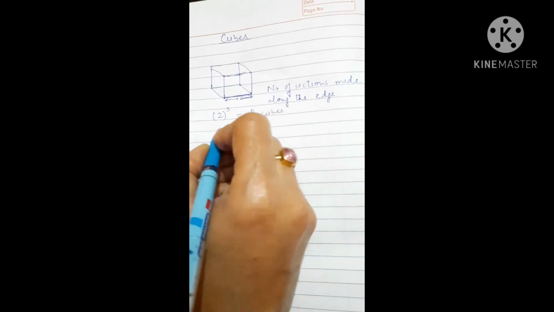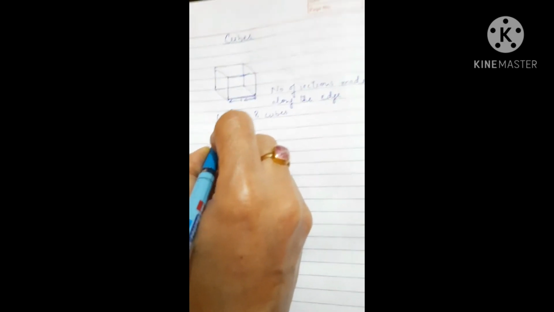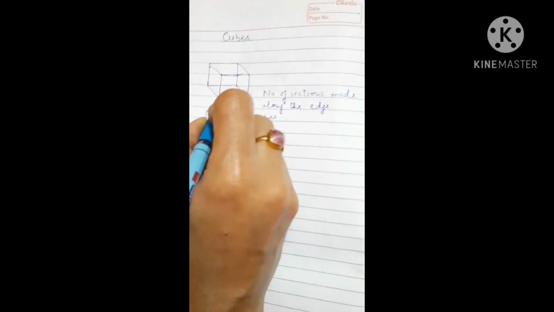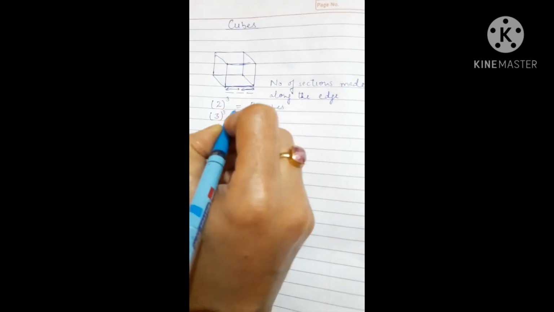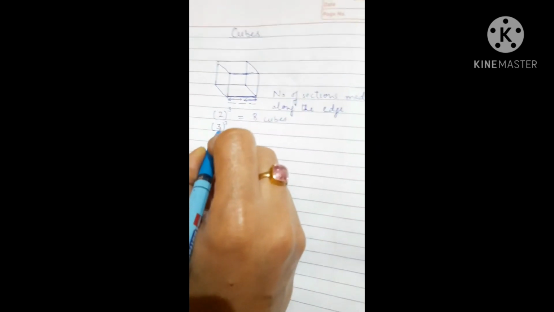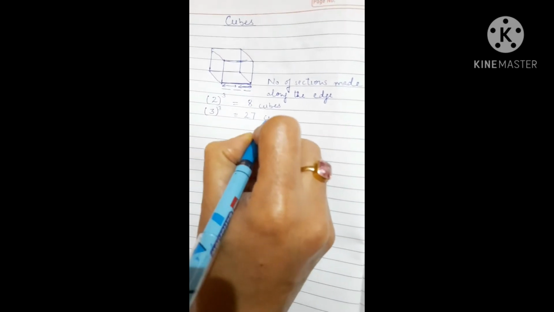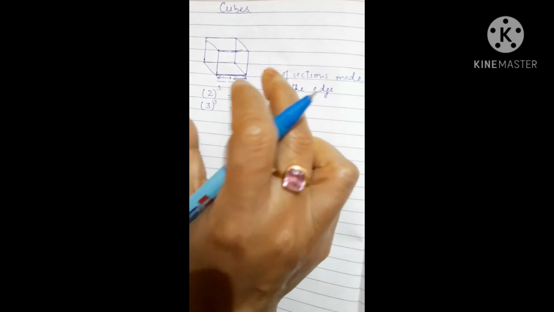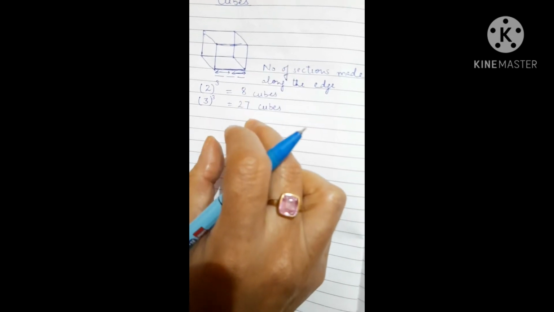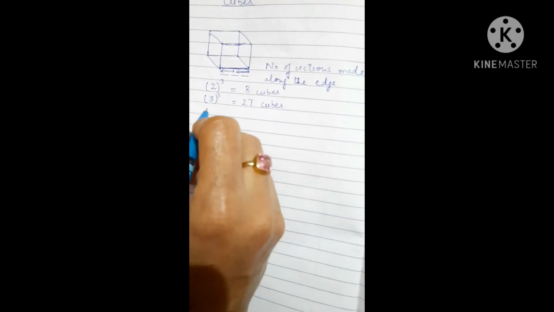Let us suppose that 3 sections we are making, like 1, 2 and 3. If I am taking 3 sections, then your formula becomes 3 cube. So in all, how many cubes can be cut? 27 cubes. So from that larger cube, how many small cubes can be cut? 27.